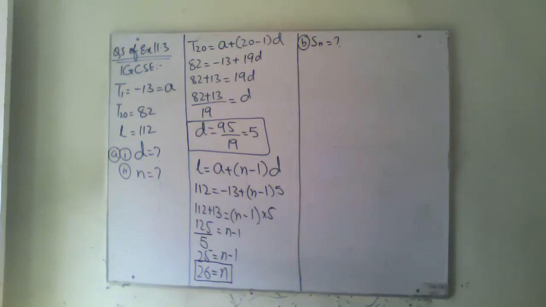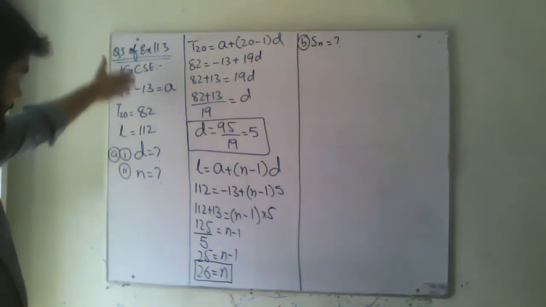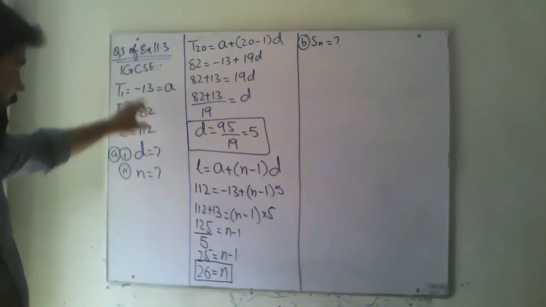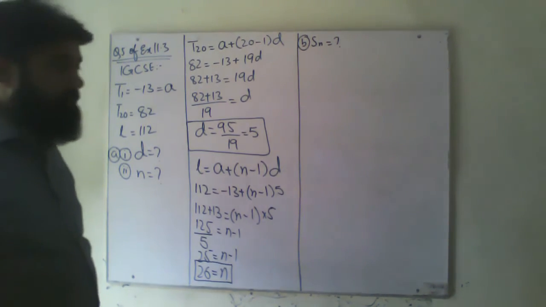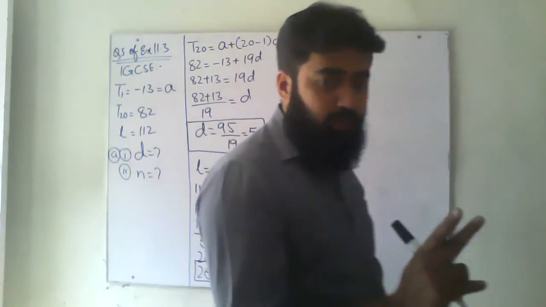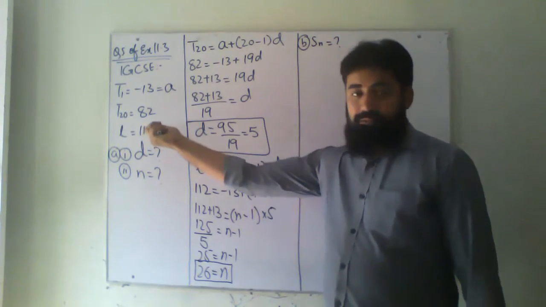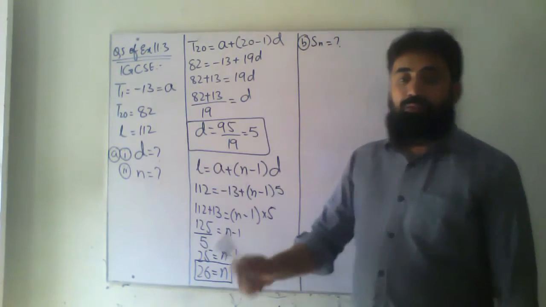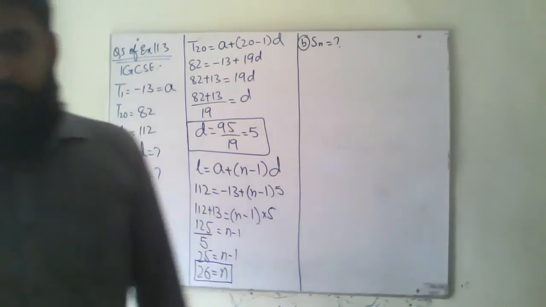It means all the values which are given over here, from T1 to T26, I have to find what will be my result when I add them all. Okay, there are two formulas. I've already told you there are two formulas. Which one am I going to use? As the last term is given to me over here, L equals 112, I am going to use my L formula.